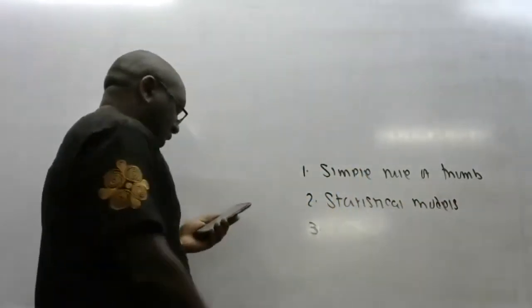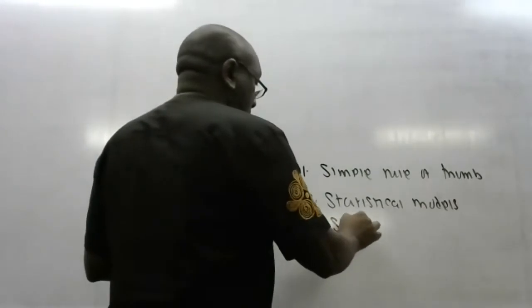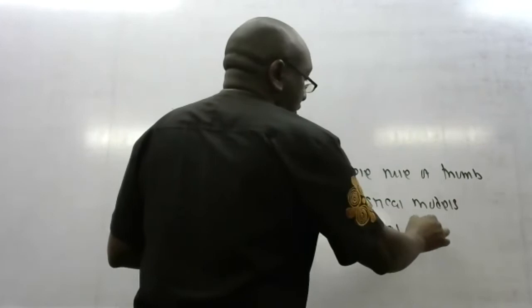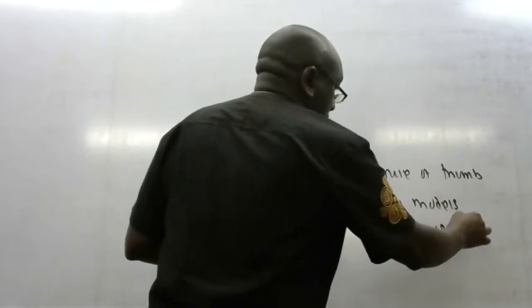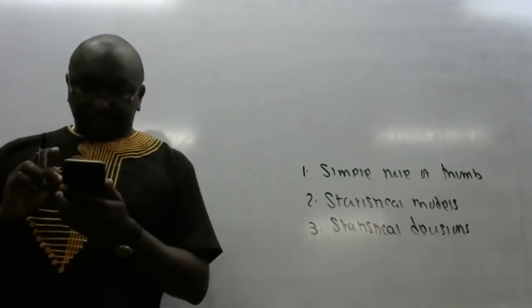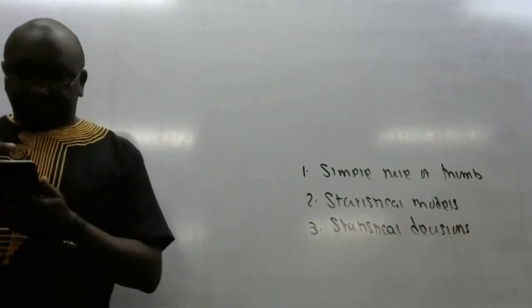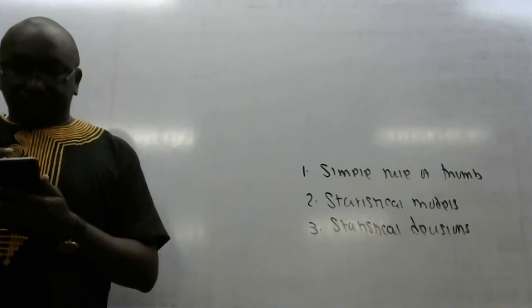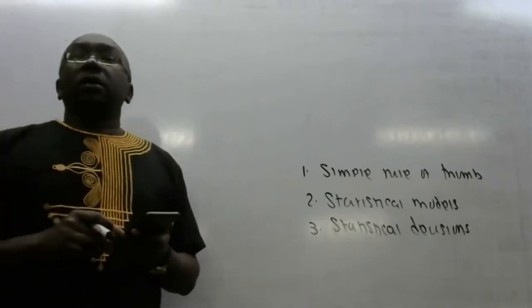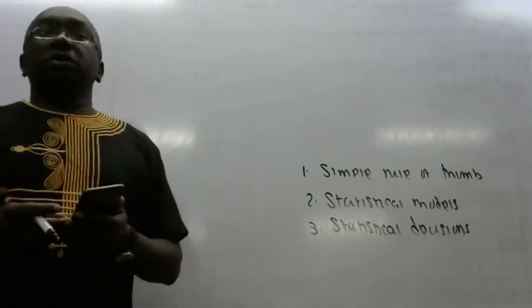And number three is called statistical decisions. Those are the three methods that we use to do the investigations.